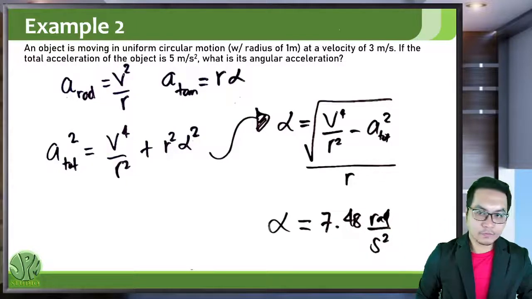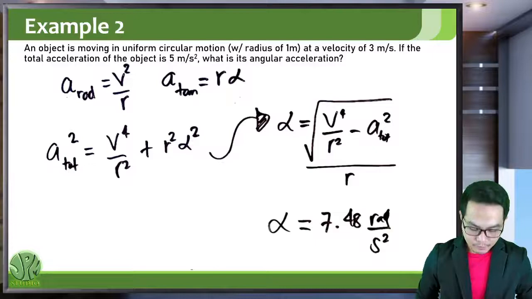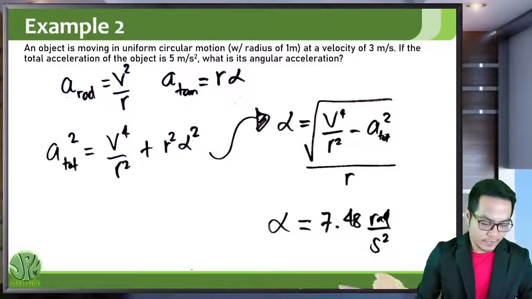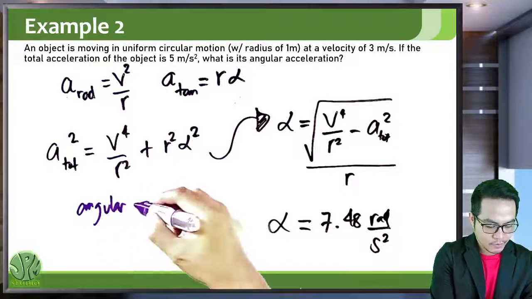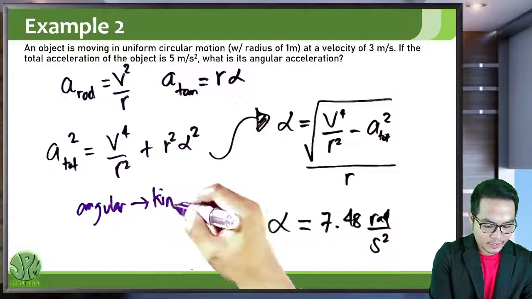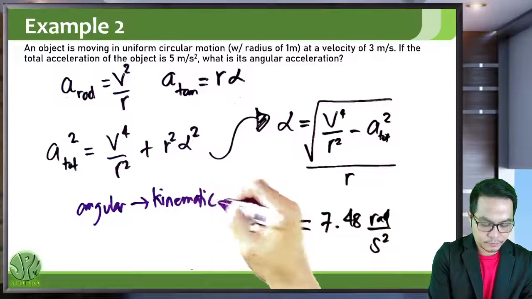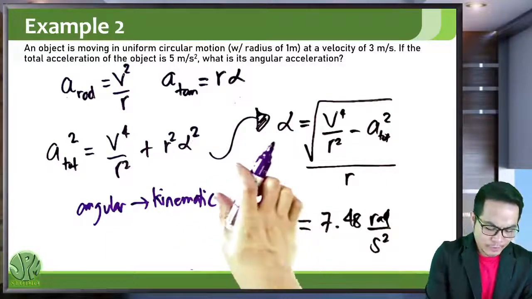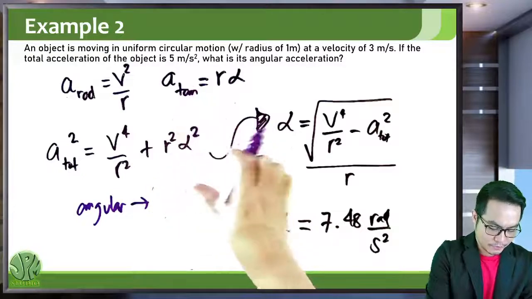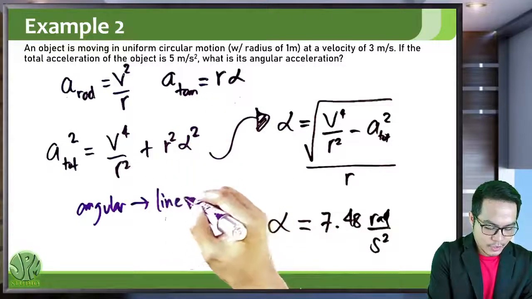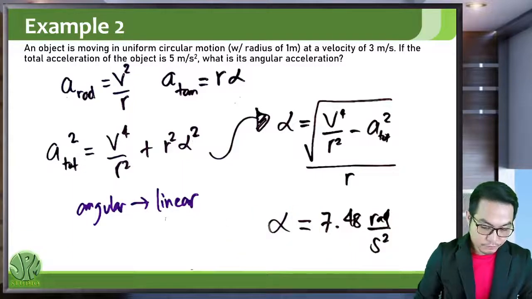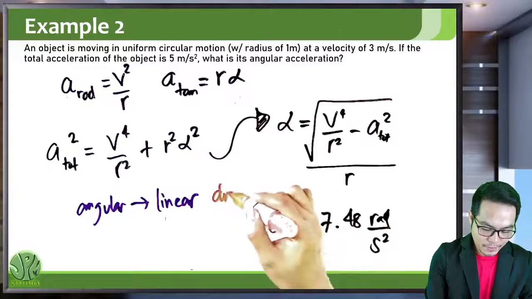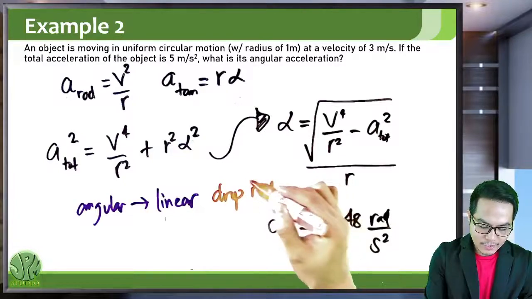Okay, I forgot to emphasize. If you are working from angular to linear quantities, you need to drop the radians unit.